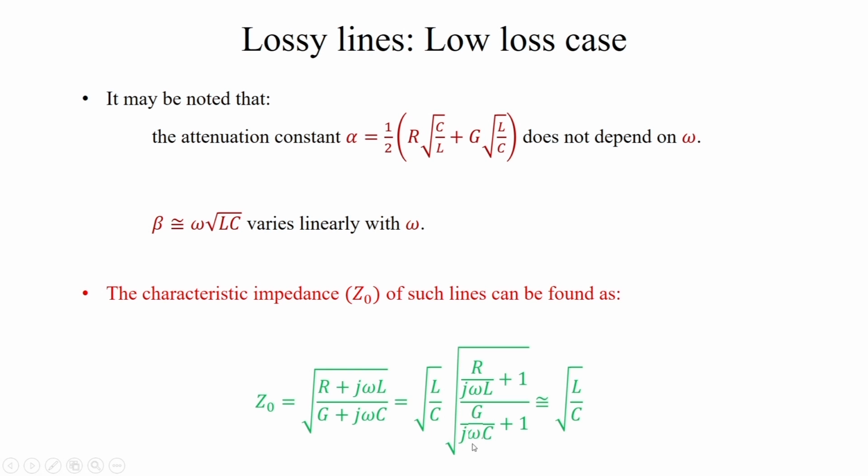Similarly, G by j omega C, that term also will be very small compared to 1, and Z naught can be approximated as root L by C.